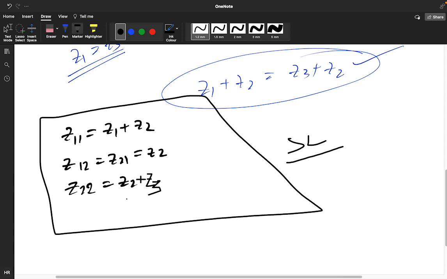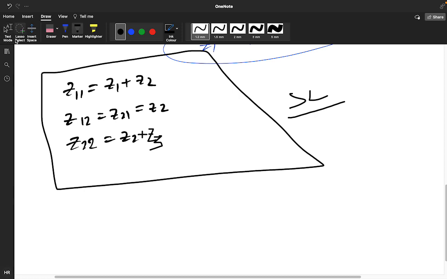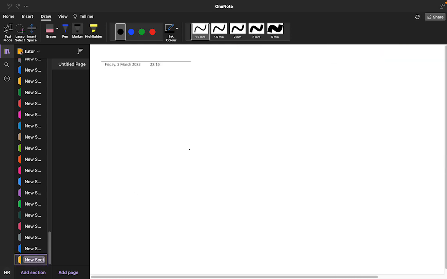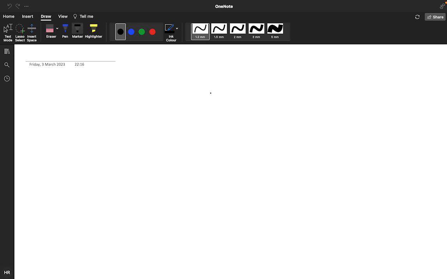Okay, now we'll go for the pi network. For the pi network, we'll analyze admittance, not impedance.